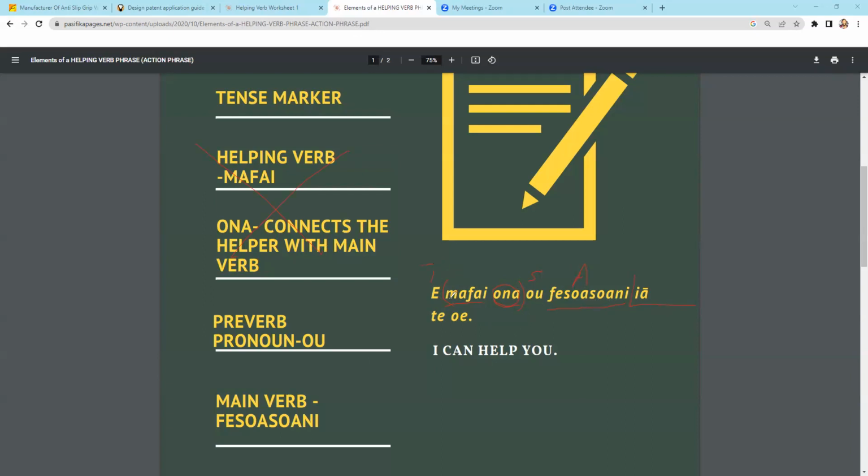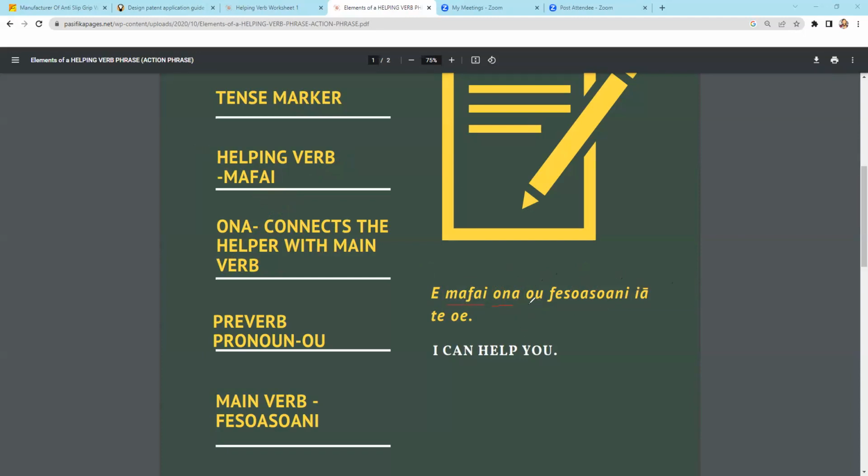The only new thing now is that we're adding 'mafai', our helper, and then we're adding 'ona'. And 'ona' is what connects 'mafai' and the main verb. Okay, so now let's put in our helping verb 'mafai' and our connecting word 'ona'. E mafai ona o fesoasoani ia te oe.